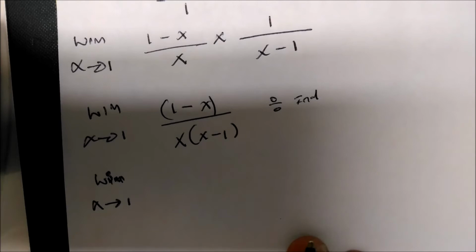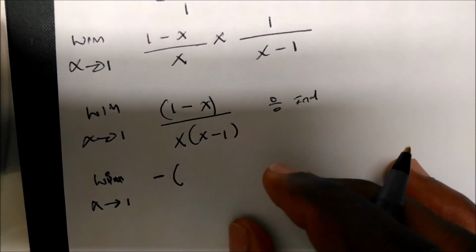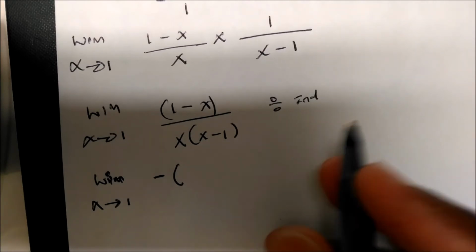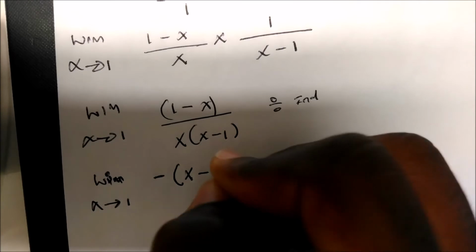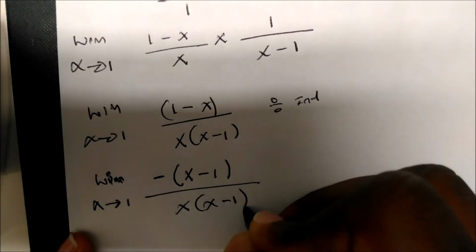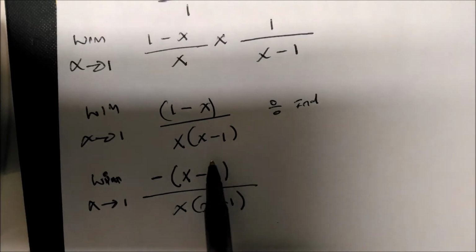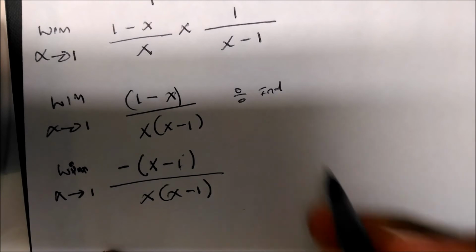You see? So factoring out a negative 1, this now becomes x minus 1 over x minus 1. Well, how did this change from this to this? It's kind of confusing.